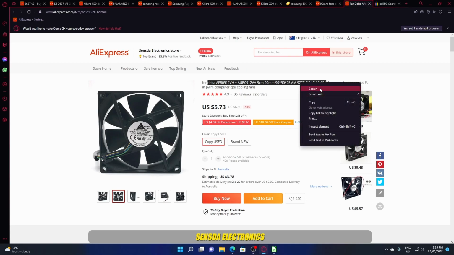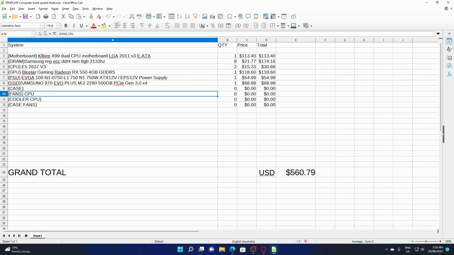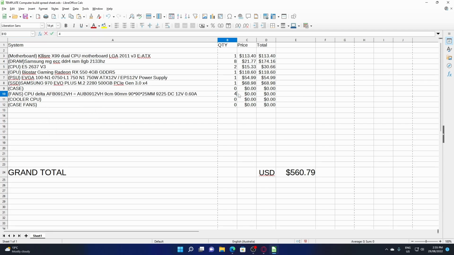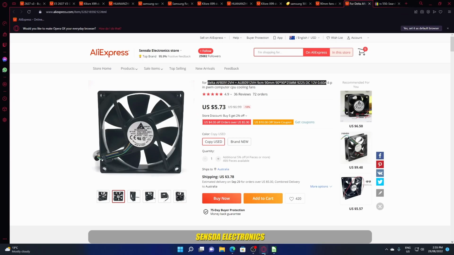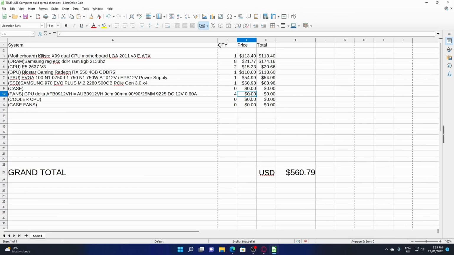You'll see what I mean with the CPU. And $577. I'm not including shipping price because everywhere might be different.